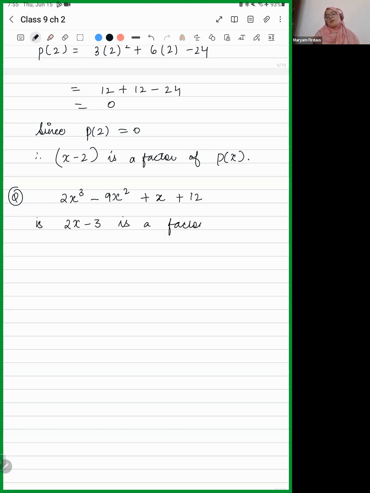First, tell me what will your a be over here? No. See, when we take that, we say x minus a. The coefficient of x is 1, right? But here the coefficient of x is 2. So what do we do here?